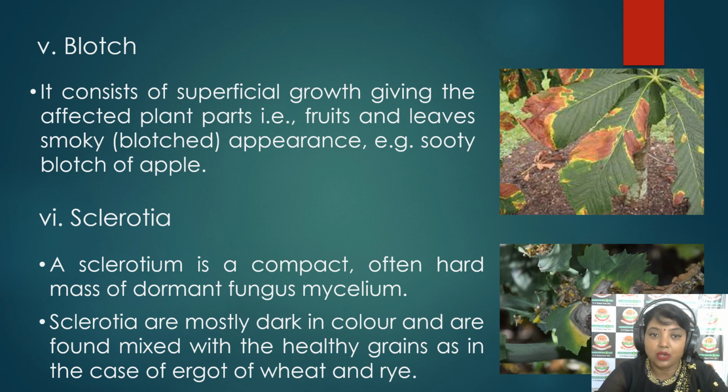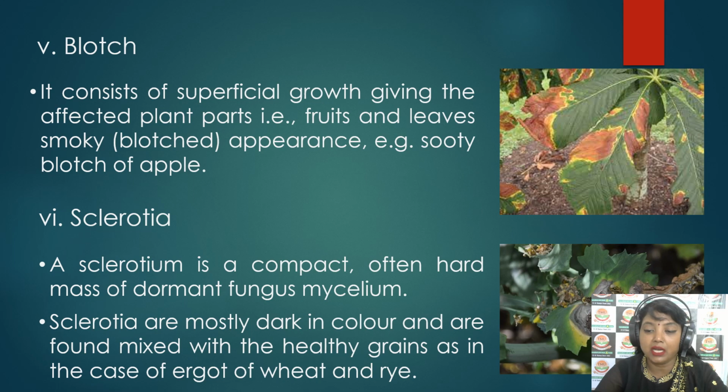Blotch consists of superficial growth giving the affected plant parts, that is fruit and leaves, a smoky appearance, like sooty blotch of apple. And sclerotia: a sclerotium is a compact, often hard mass of mycelium, dormant fungus mycelium. When the mycelium of the fungus is interwoven, they form a compact, hard mass, which is called sclerotia.